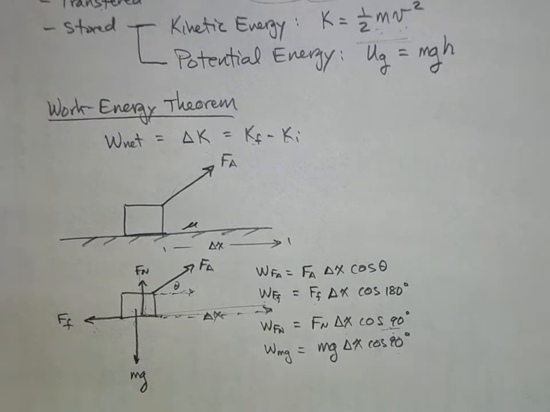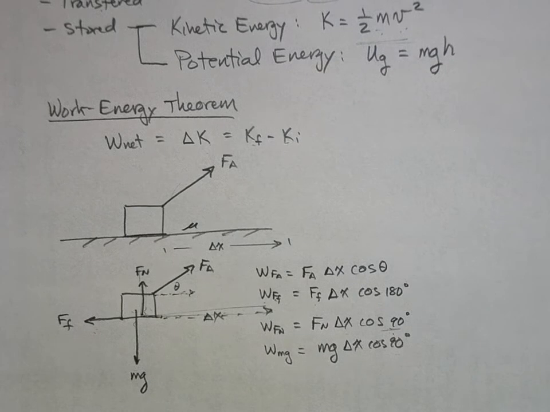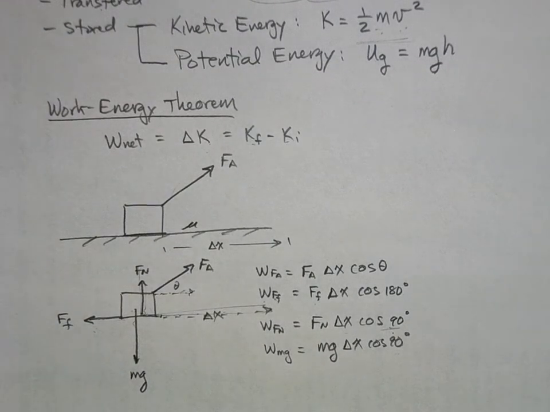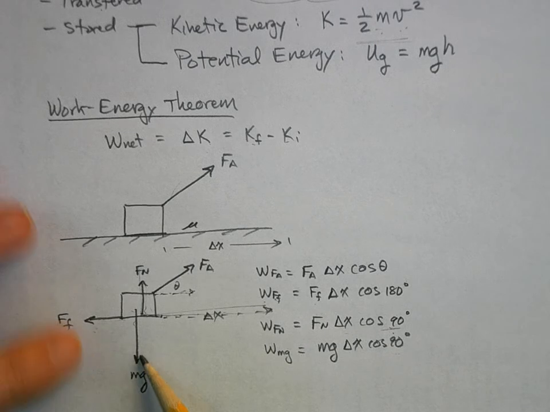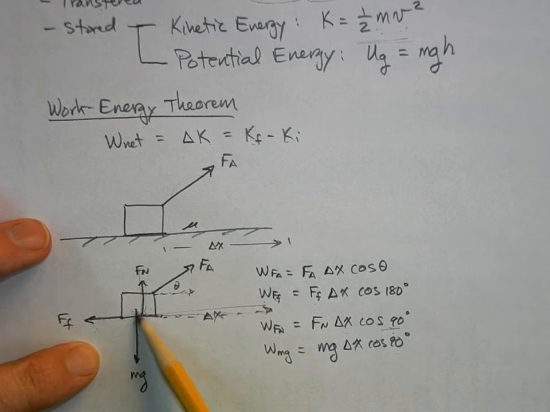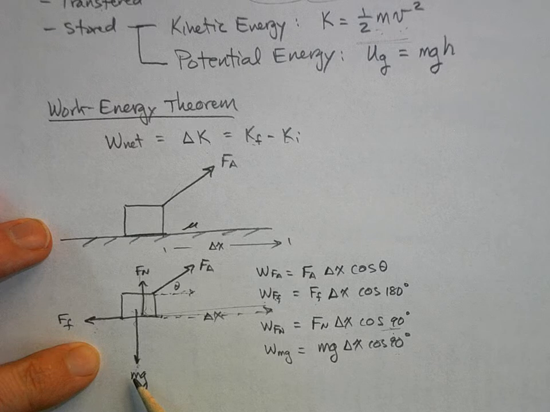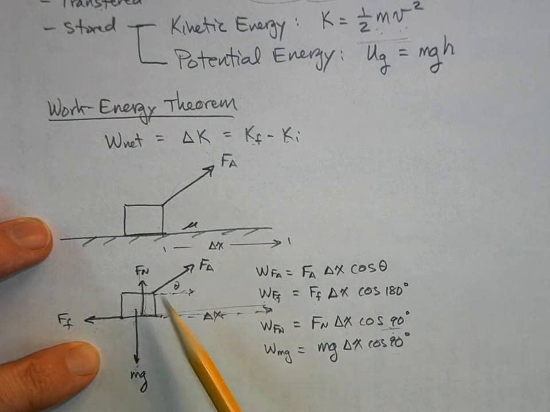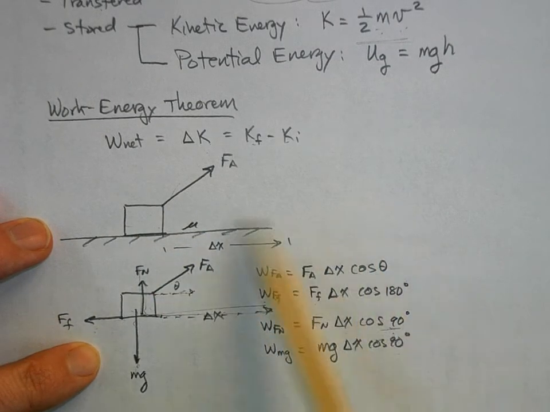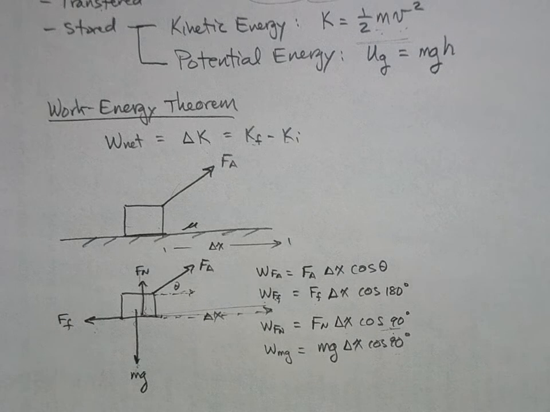And look, everybody look up here, because when we went through this, we couldn't really say this until right now. If gravity was doing work, we would be changing the gravitational potential energy of the crate. But do you see the crate doesn't change height? If the crate isn't changing height, we're not changing its gravitational potential energy.